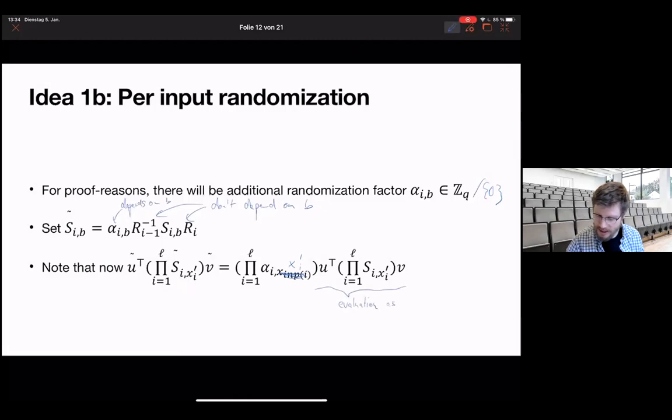Evaluation as before. But since these alphas are just scalars, we can pull them all out, right? We will get this additional per-input randomization factor. What I've done here can be pulled out of the matrix product.